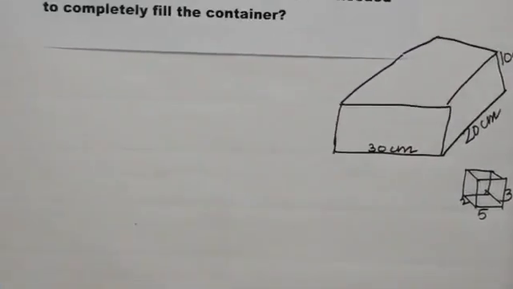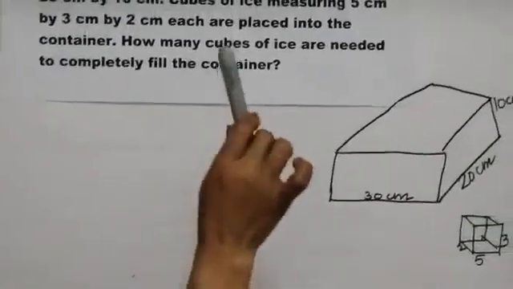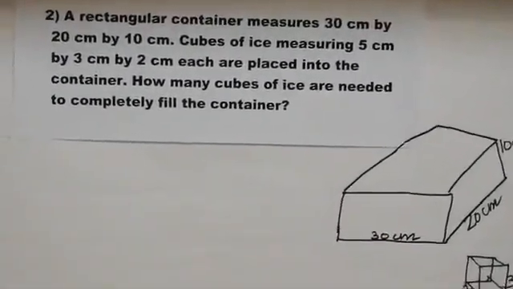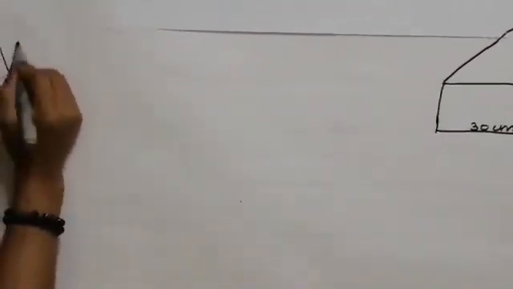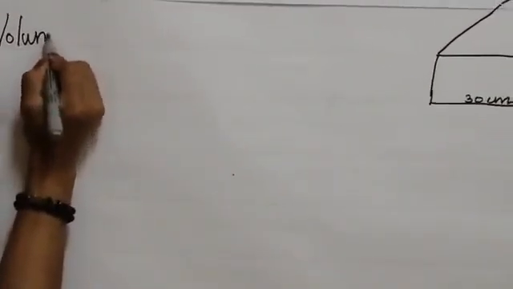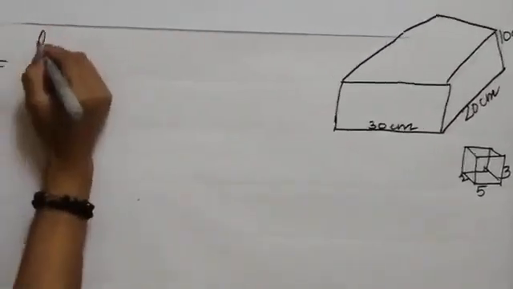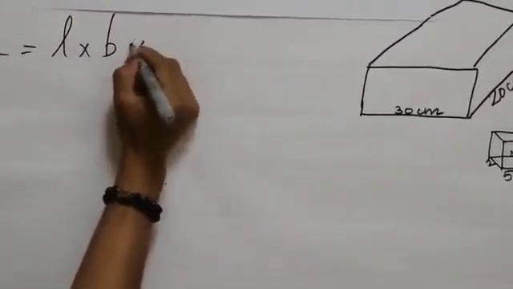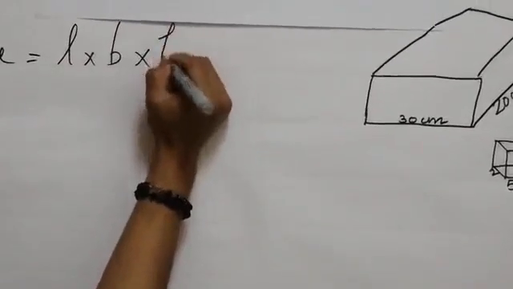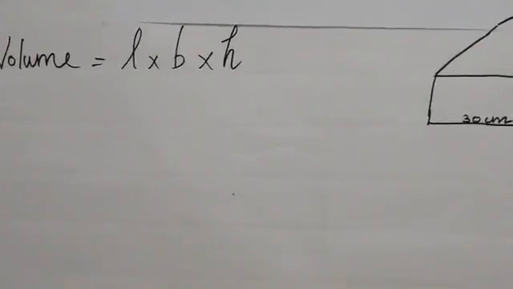So first we have to find the volume of this container. Volume is equal to, how to find the volume of a cuboid? L multiplied by B multiplied by H, length multiplied by breadth multiplied by height.